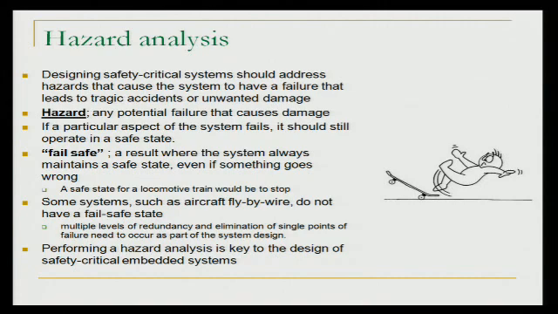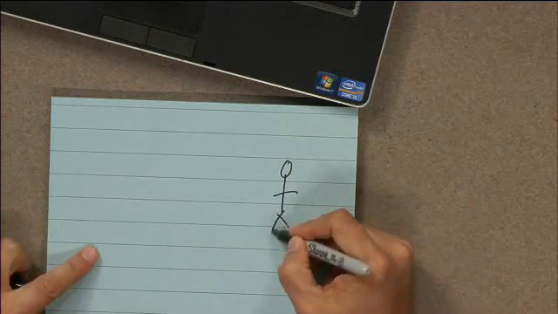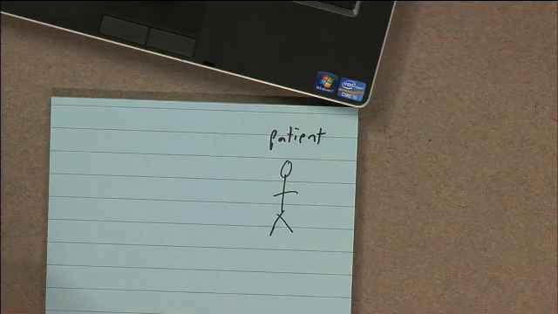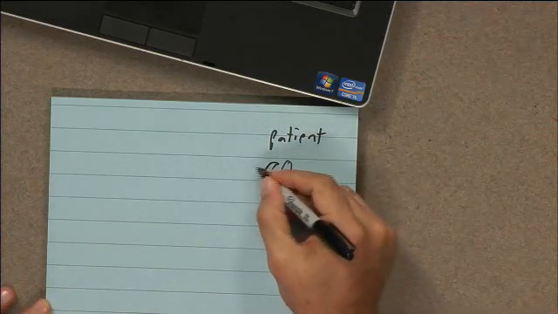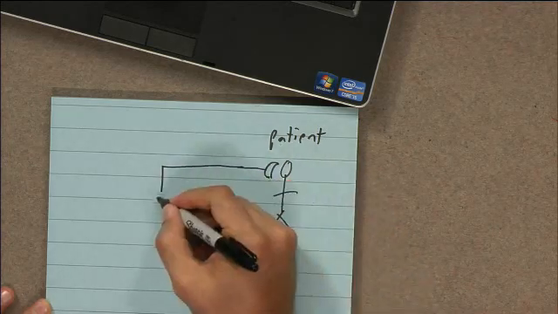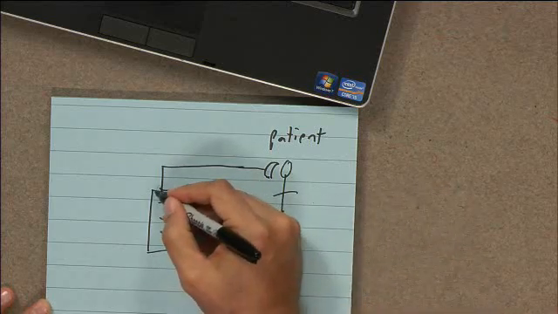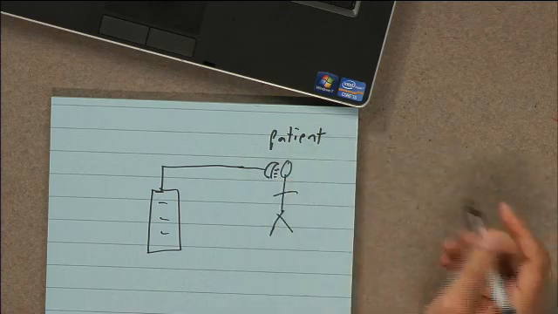Okay, let me give you a simple example, then we'll go into more details. If you're a patient in a hospital, and that patient requires breathing assistance, they put a mask on, right? Sometimes it goes to a big tube that they carry around to get their oxygen.